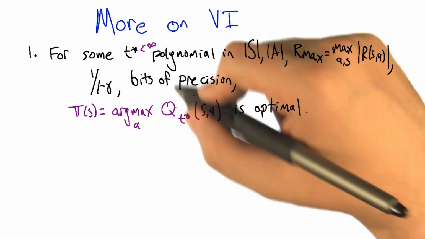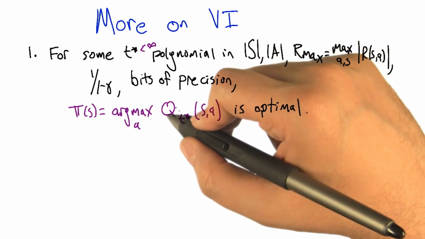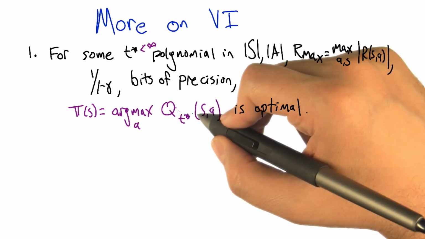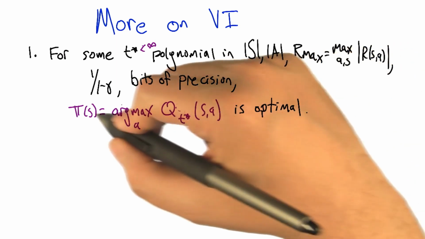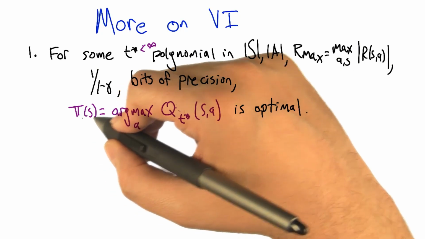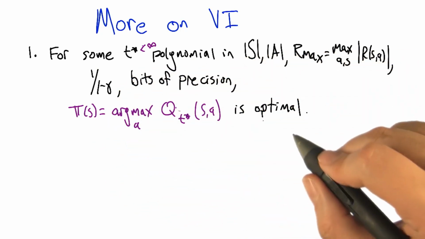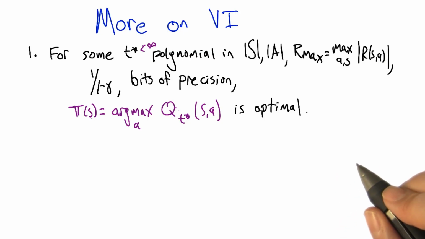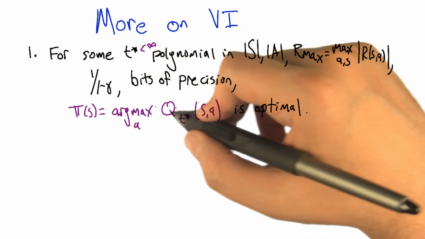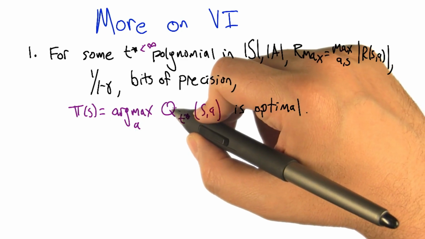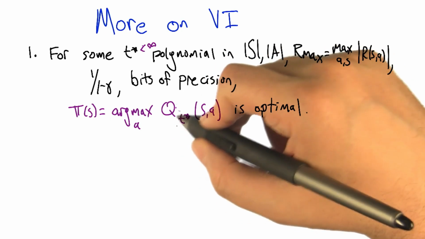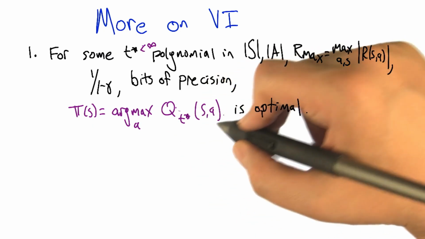So that if we run value iteration for that many steps, the Q function that we get out is Q sub t star of s, a. If we define a policy, pi of s, which is just the greedy policy with respect to that Q function, that policy is optimal. Okay, so what we're saying here is that we know that in the limit, if we run value iteration for an infinite number of steps, then the greedy policy with respect to that Q function is optimal.